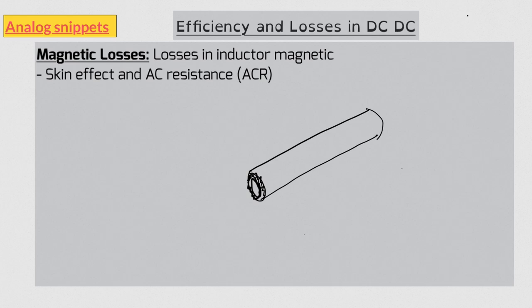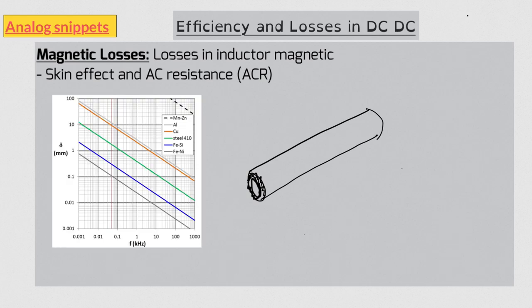Skin effect is characterized by skin depth, which indicates the thickness of the material where the current flows at a given frequency. A typical skin depth plot looks like this. So skin depth reduces as frequency increases. Skin depth of copper at 1 MHz is roughly 65 micrometers. In practical switching converter design, this effect is modeled by a parameter called AC resistance or ACR.